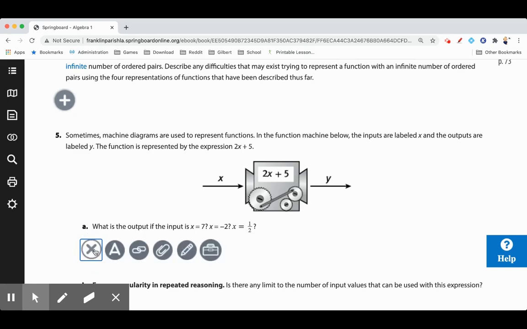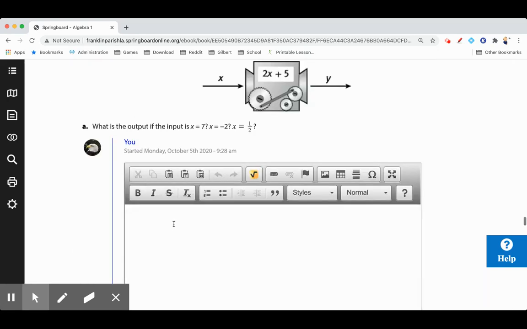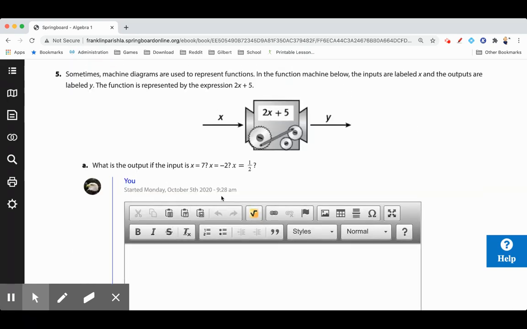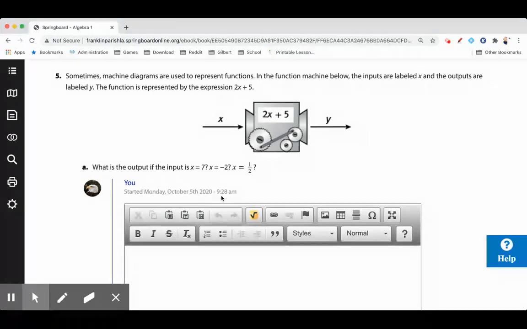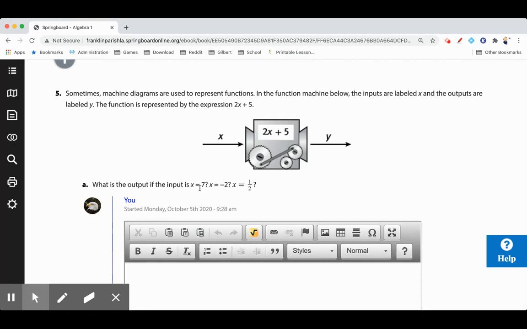All right, let's look at this one. A function machine is just a picture that looks like a machine, to help you visualize what's happening. We're going to put in the X number and get out the Y number. We're going to put in the domain into this expression and get out the range.